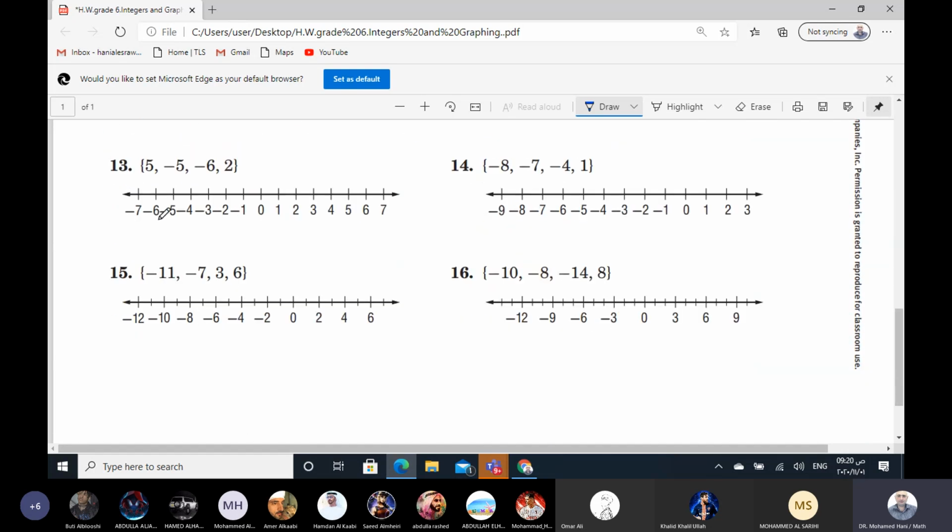Okay, great. Now, here we have 5. Go to the positive side. Then minus 5, negative. Go to the negative side. Then minus 6, negative, here. Then we have 2. This is 2.